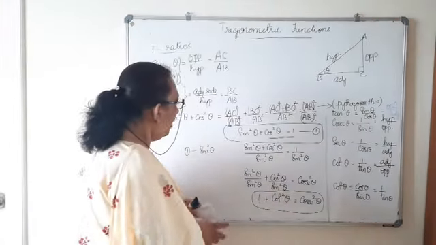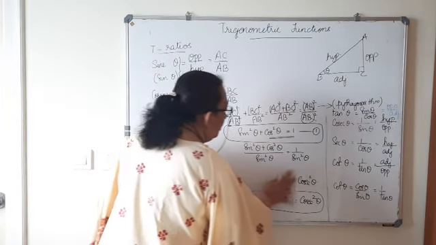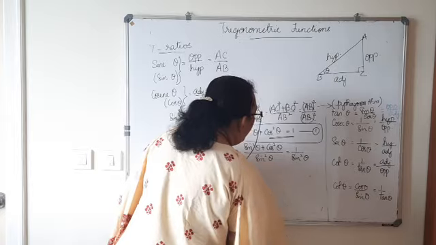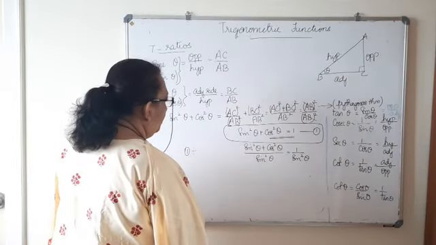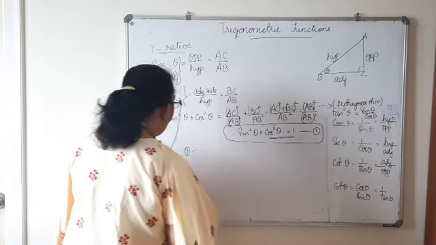Now in the same way, suppose equation number 1 is divided by cos square theta.